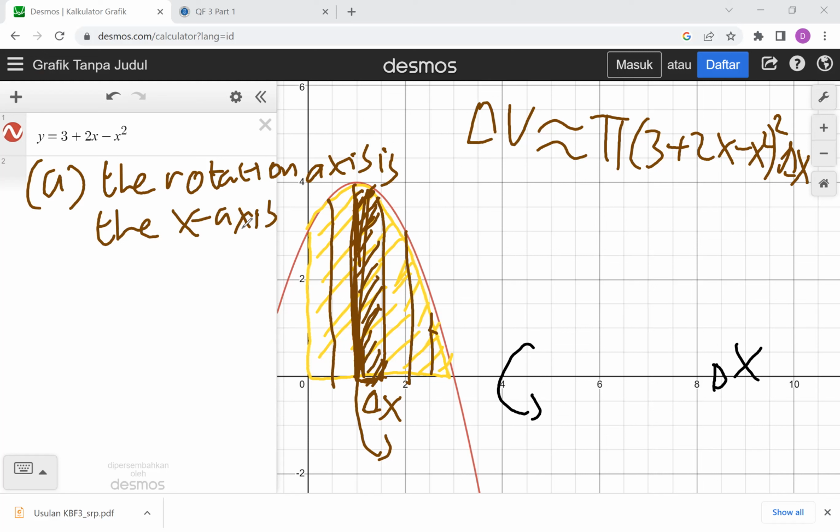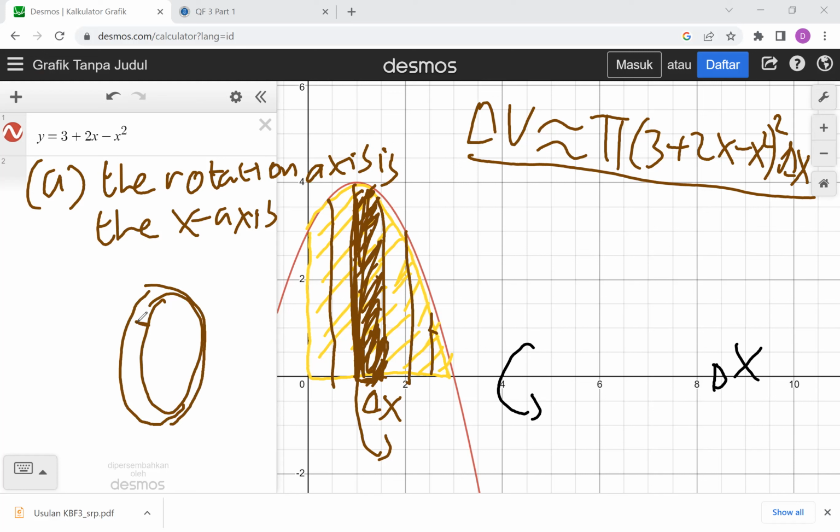Okay, so do you understand how to obtain the approximation here? Just simply, you have the following cylinder. The thickness of the cylinder is delta x, and the area of the base is pi r squared, where the radius is the height of this function, namely 3 plus 2x minus x squared. So delta V is pi times (3 plus 2x minus x squared) squared multiplied by delta x.